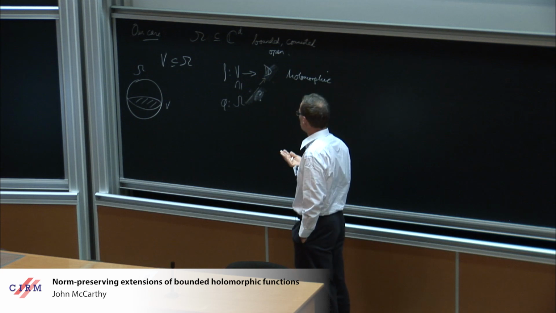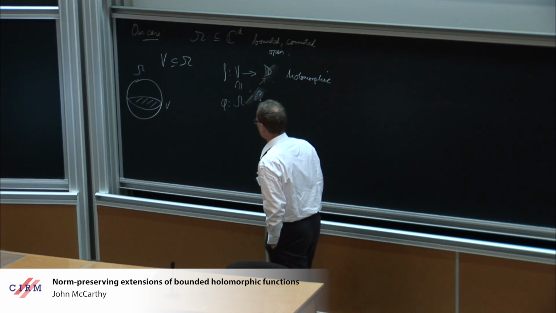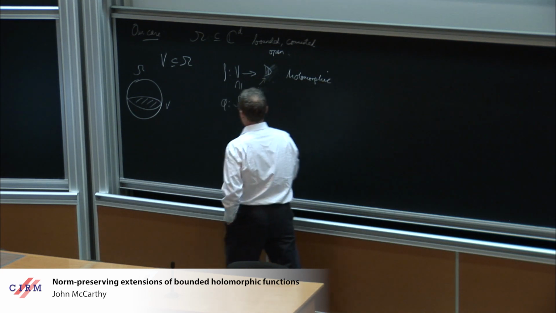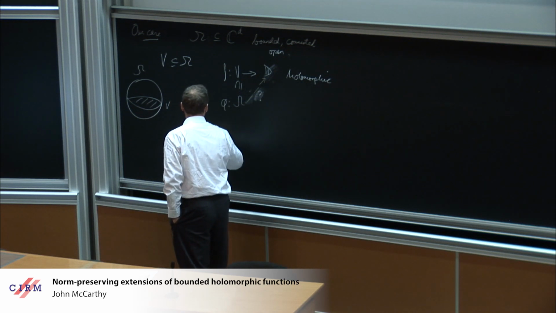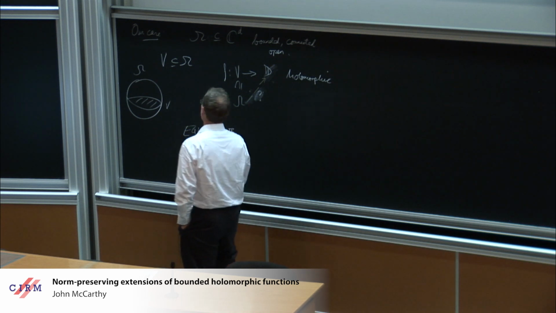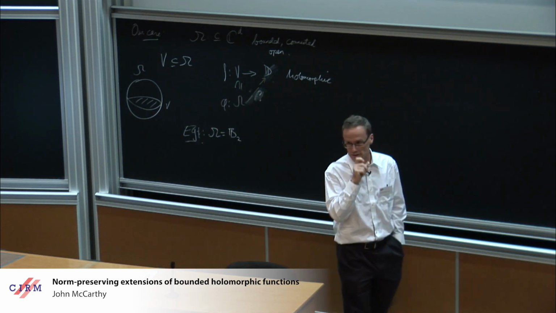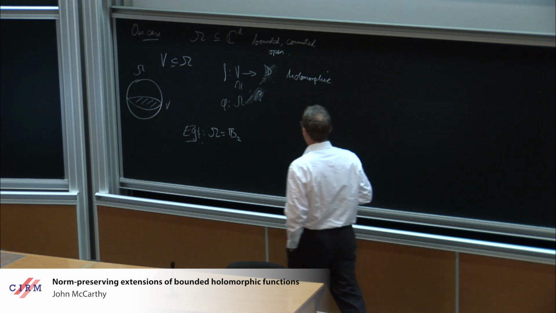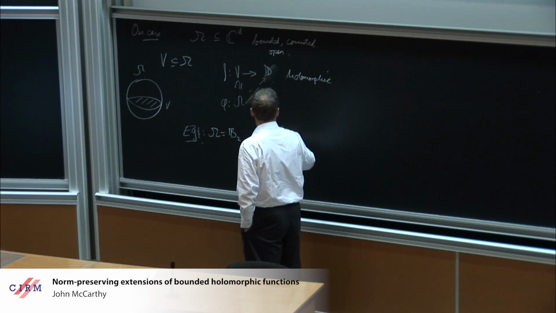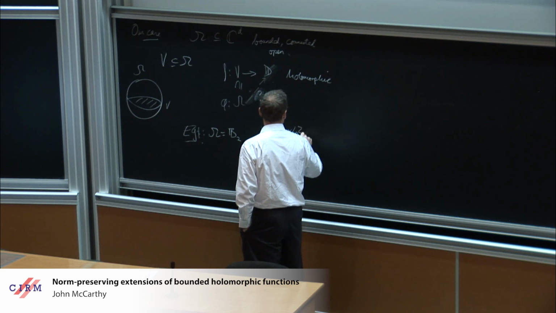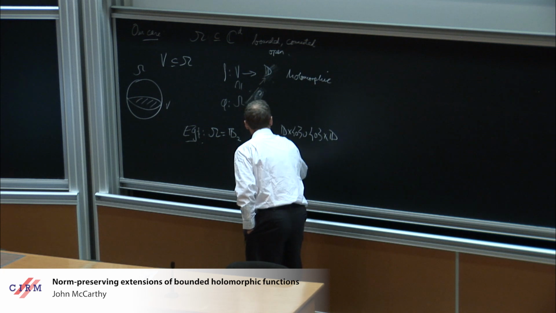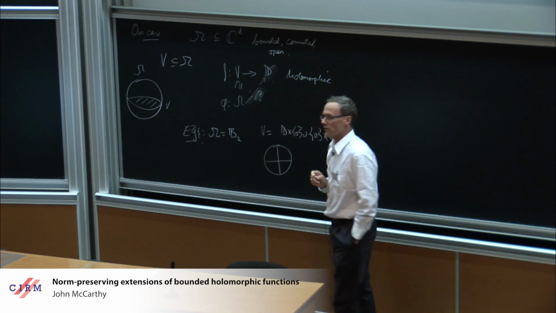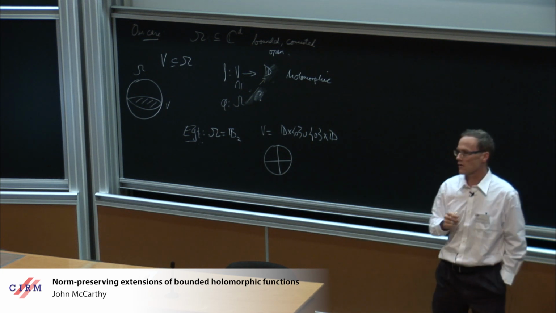Well, let's look at a couple of examples. So suppose I take omega to be the ball in two variables. And I take V to be the union of D cross 0 union 0 cross D. So if I look at the real projection of this, I take this cross.